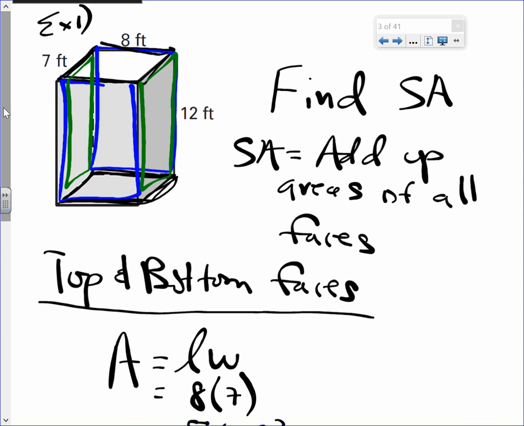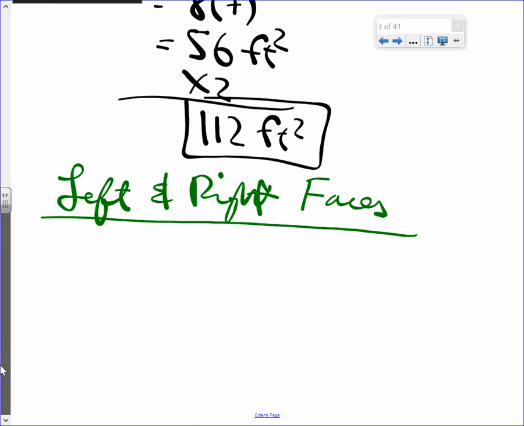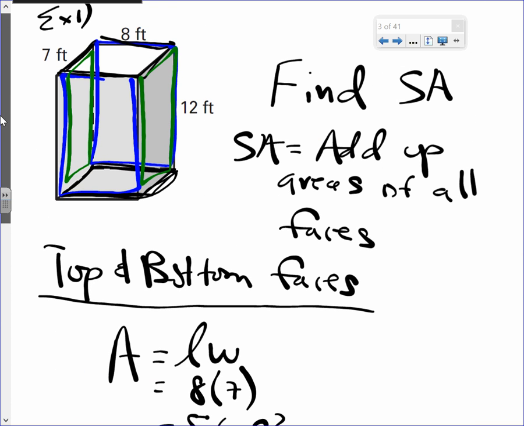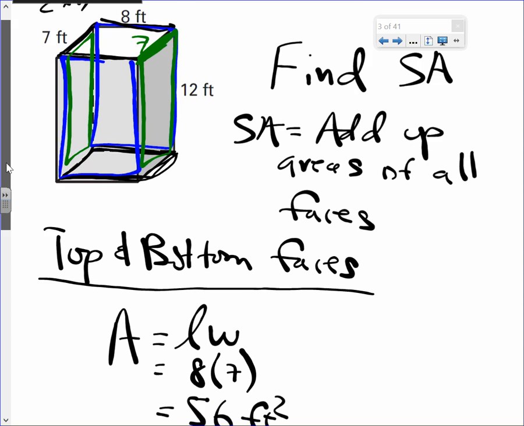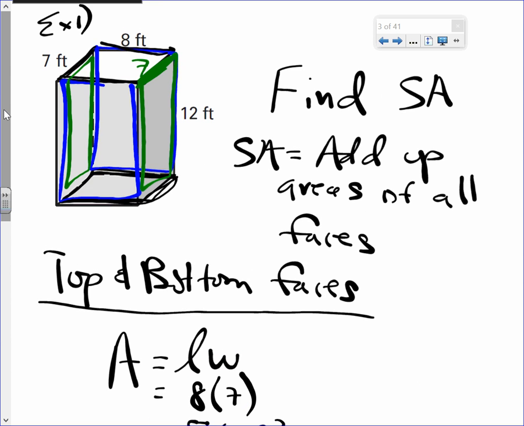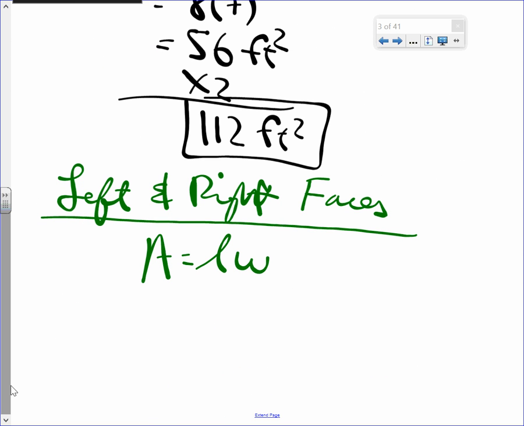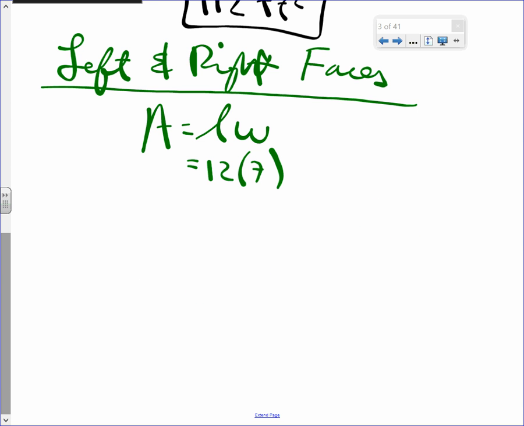What kind of shapes are the green rectangles? What's the area formula for rectangle? Look at the green. Length is 12. What's the width here? 8. Careful. 7. Careful there. So 7. So 12 times 7 is the area of one of the rectangles.